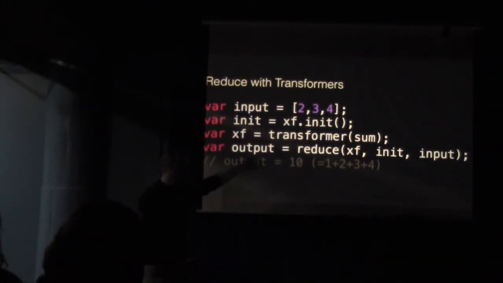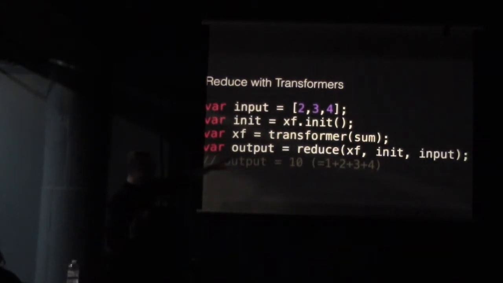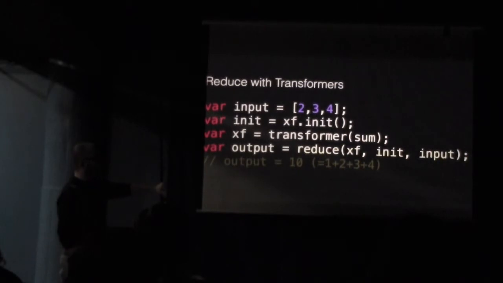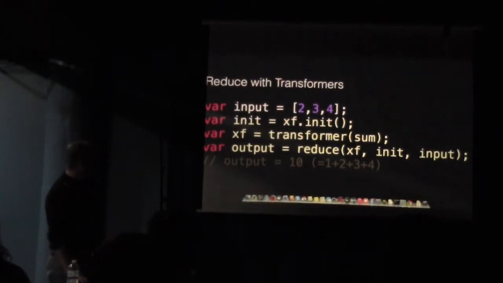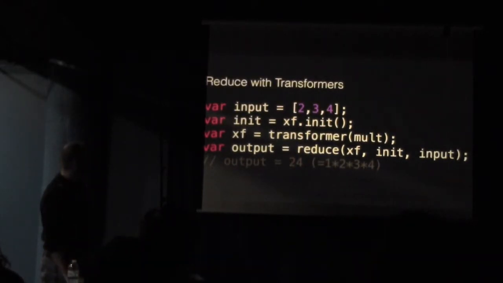It'll work with this transformer. So this transformer function wraps a reducing function, which is what we just saw before, sum or multiply, and then we can use reduce with it. Same thing with multiply, same thing as before.